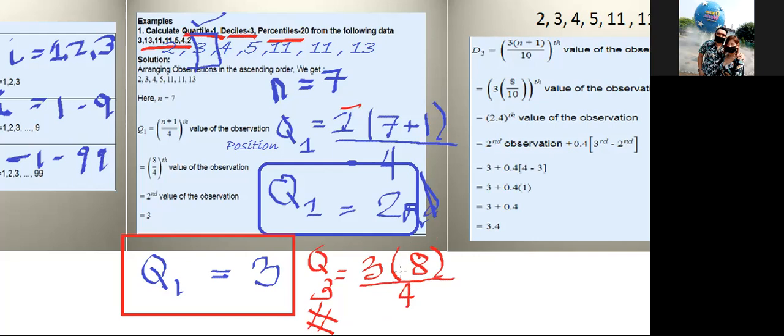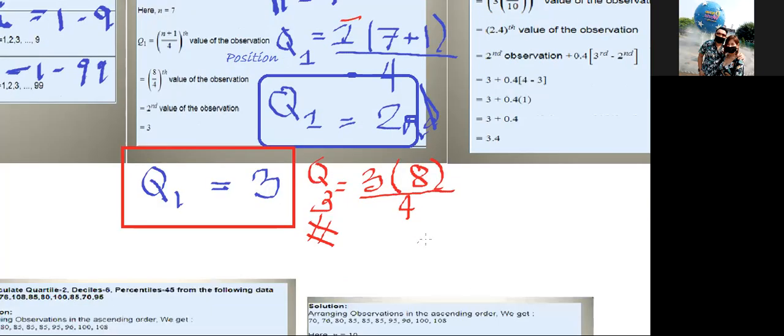So third quartile, you have 3 times 8, which is 24. So 24 divided by 4, or 24 over 4, which is just equal to the 6th position.